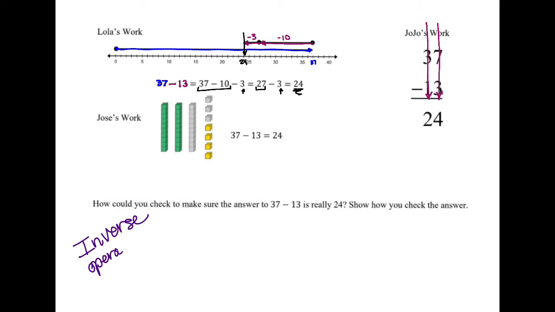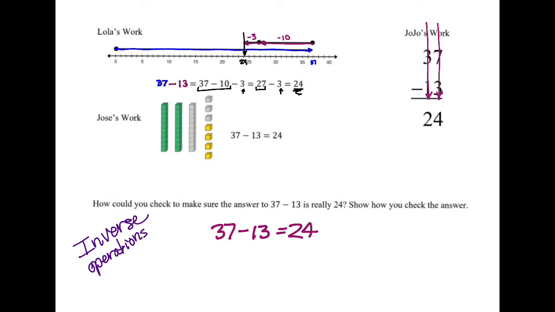Okay. So if we had 37 minus 13 equals 24, that means, working backwards, 24 add 13 should equal 37.